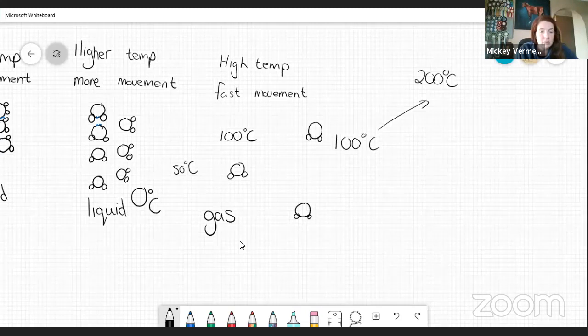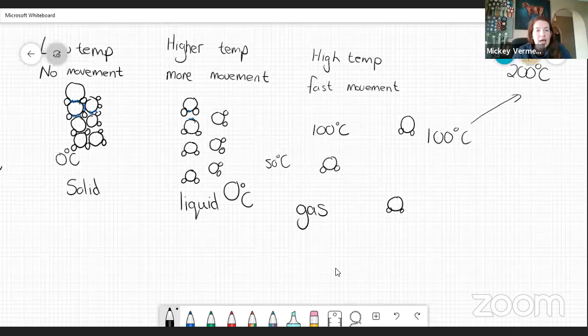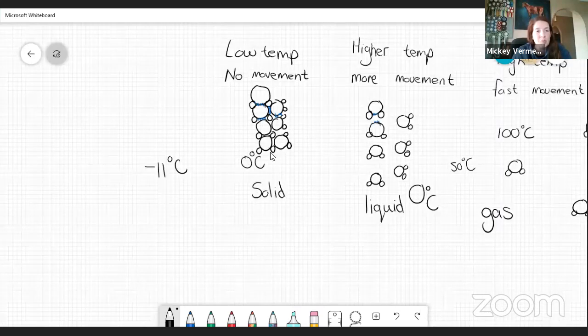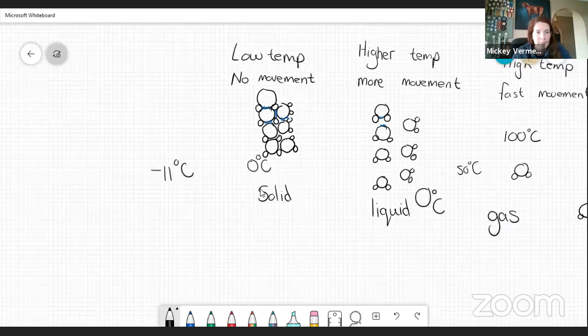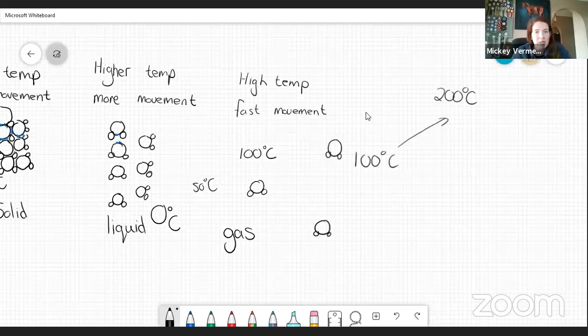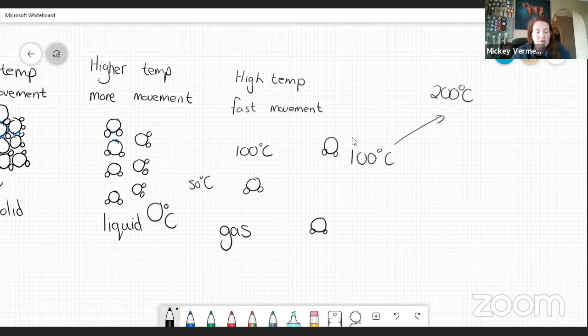That is why we talk about a boiling point and a melting point, because for each substance, all of this happens at a specific temperature. So water, H2O, has a melting point of 0 degrees and a boiling point of 100 degrees.